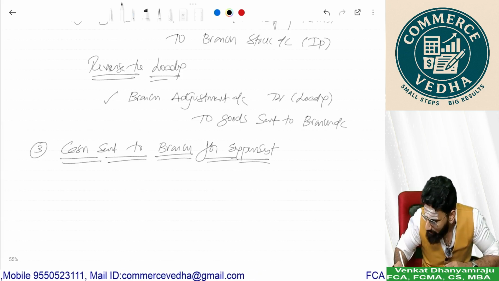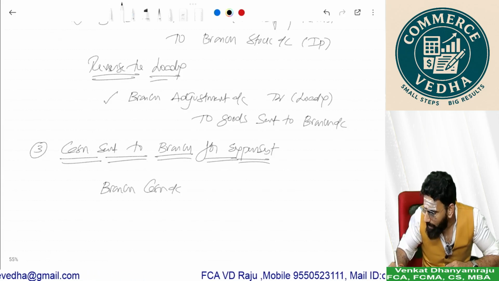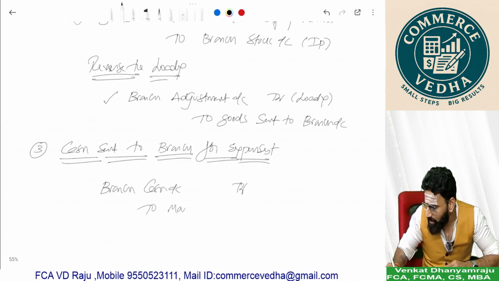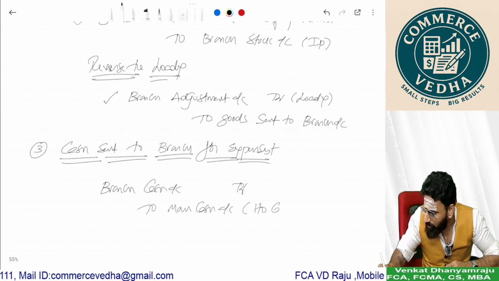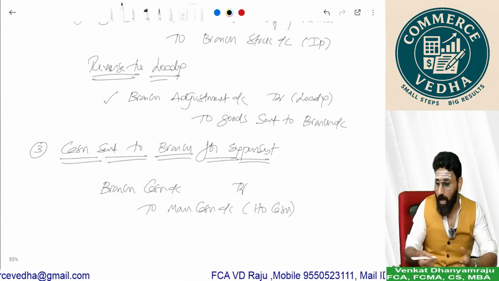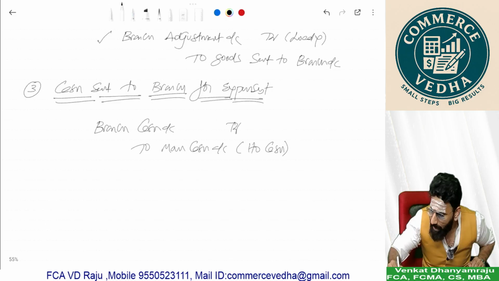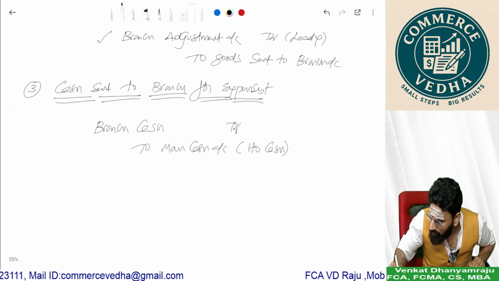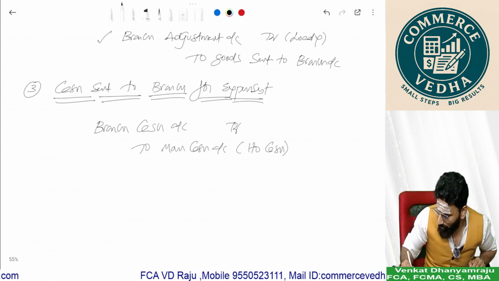The entry is branch cash account debit to main cash account. We don't prepare main cash because this is HO cash book. But the branch received the cash, so you debit the branch cash account.